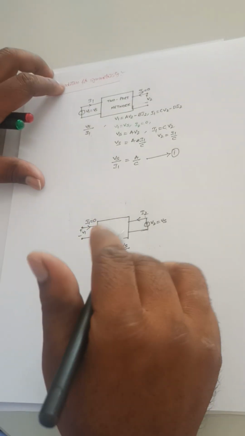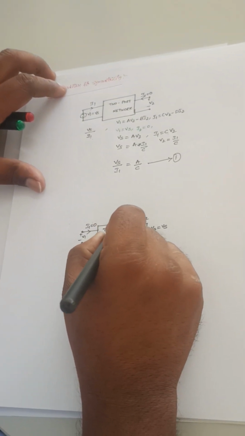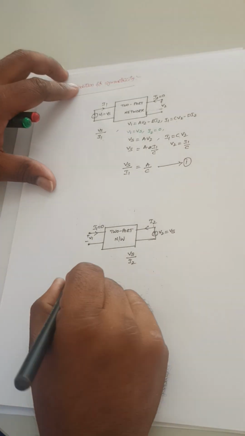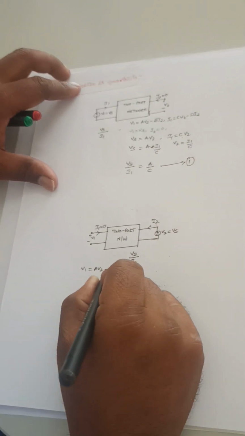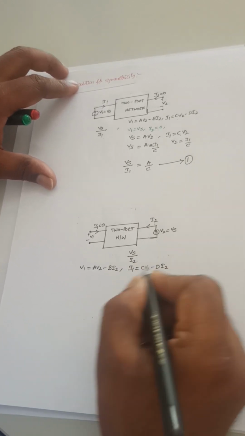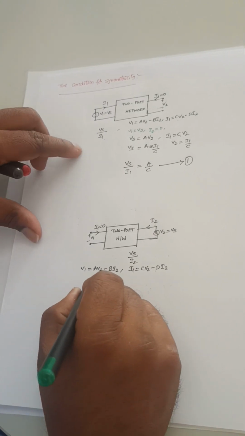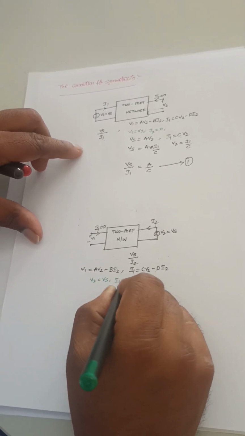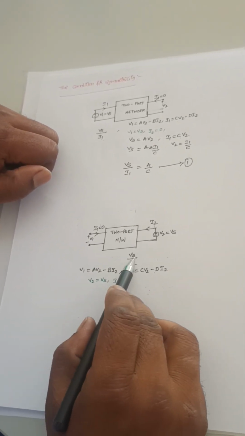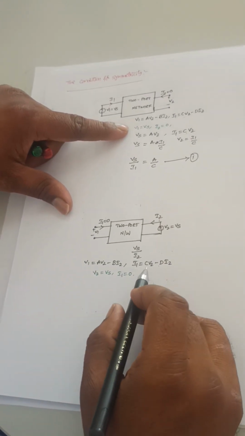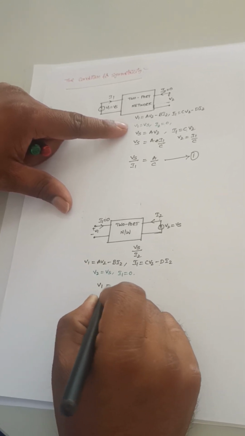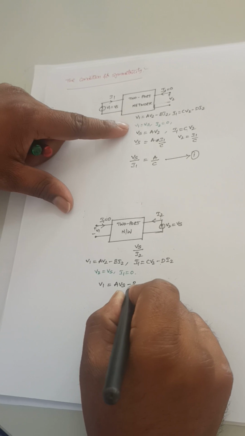Now for this network, I am going to calculate this Vs by I2. So the same expressions are used here. V1 is equal to AV2 minus BI2 and I1 is equal to CV2 minus DI2. Here the conditions are V2 is equal to Vs and I1 is equal to 0. If I substitute these values in these expressions, I can try to find the value of Vs by I2. V1 is equal to A into Vs minus B into I2.